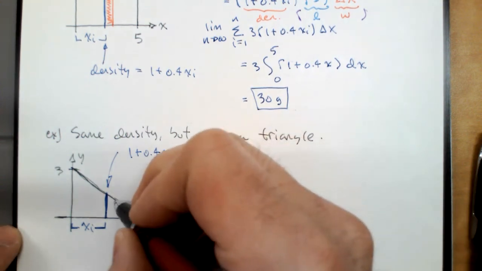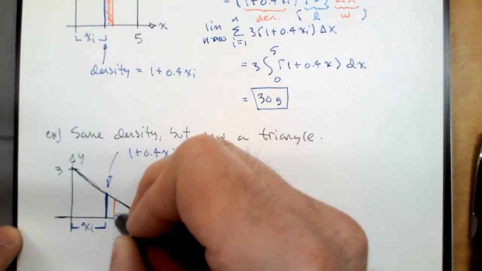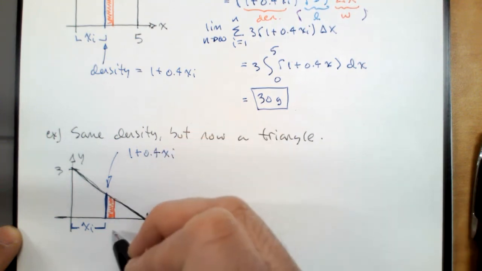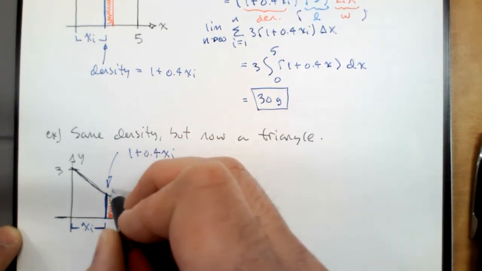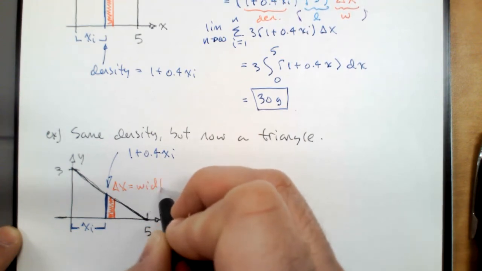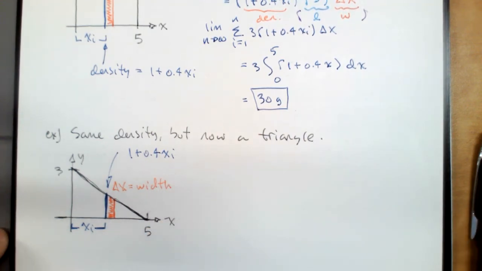So that's the dx, or the delta x, is going to be my width again. In this case, the other piece that's variable is the length.